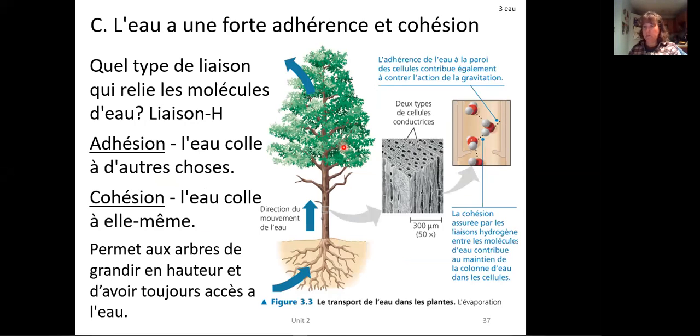And on the back, I'm going to say sticks to other things. So it's a property of water that allows it to stick to other things. And I'm going to write on another one, cohesion. And it happens when water sticks to itself. So I have 2 flashcards.